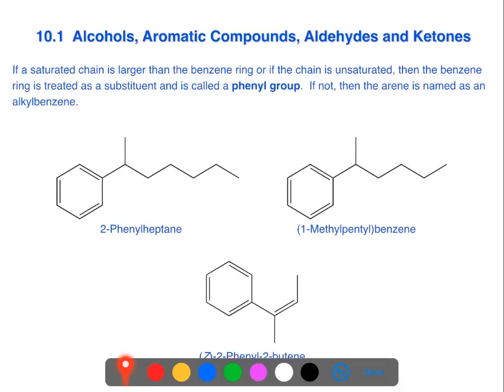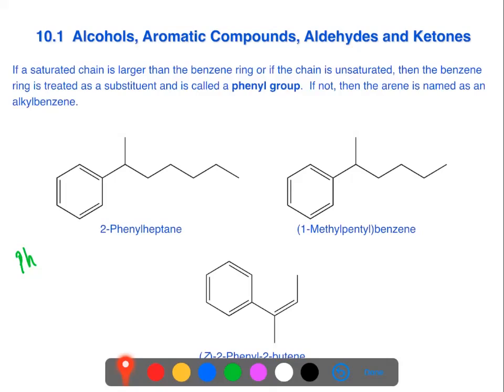And so if the substituent attached to benzene has greater than 6 carbons, a continuous chain of more than 6 carbons, then we would treat the alkyl group as the parent. It would be an alkane, and benzene in that particular instance would be referred to as a substituent, and we call it a phenyl group. And you've seen me use the notation Ph to represent that phenyl group previously.